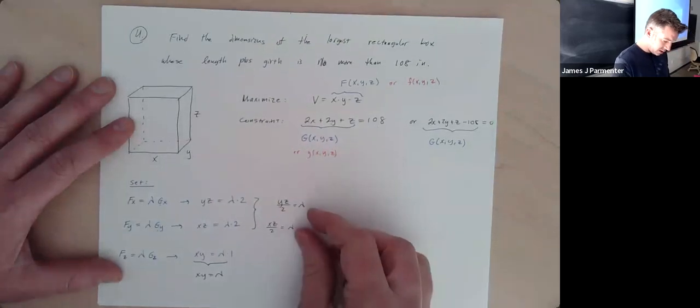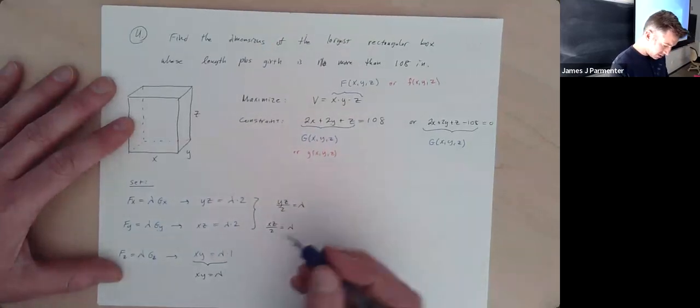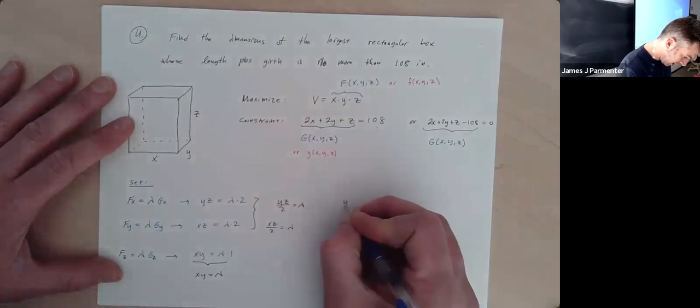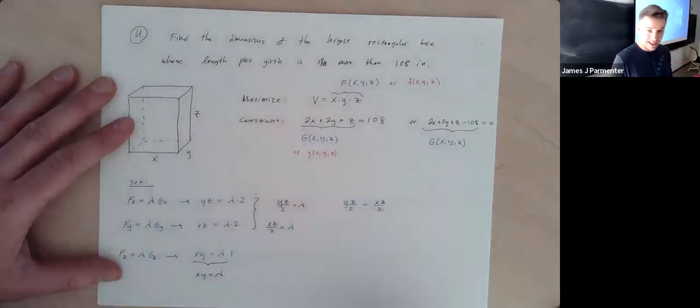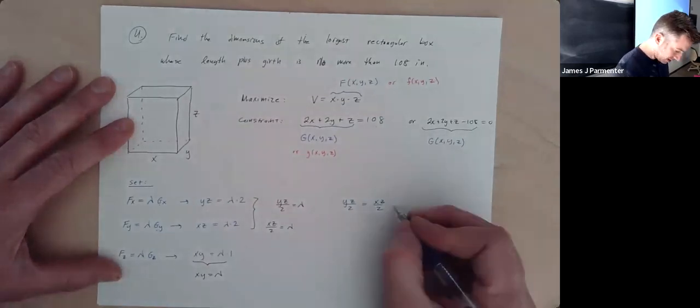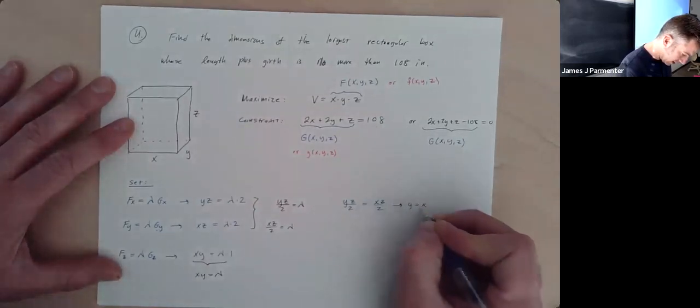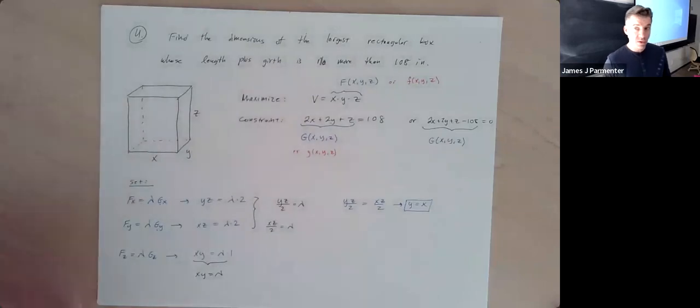Setting these two equal to each other, because they're both lambdas, I've got yz over 2 equal to xz over 2. I can cancel the 2's and cancel the z's and get y equal to x.